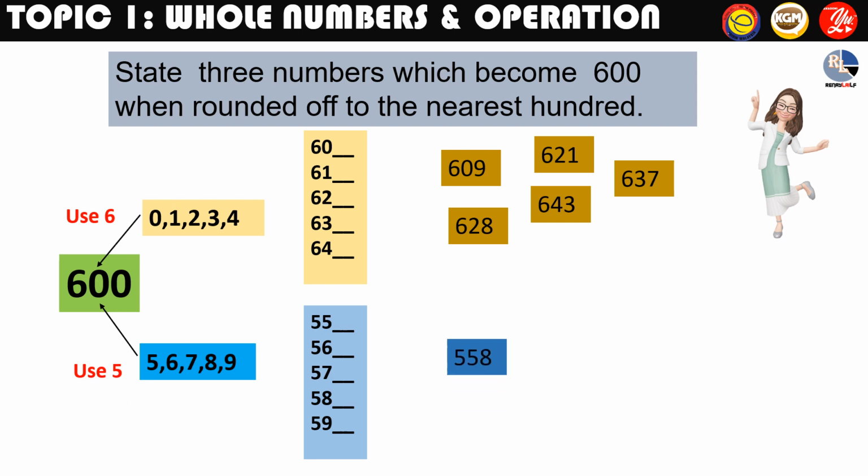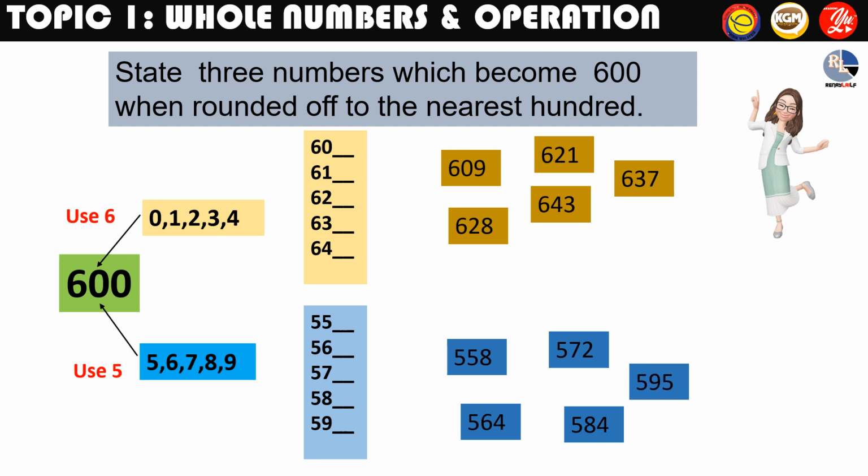Alright, at random, I have chosen 558, 572, 564, 584, 589. There are many numbers to choose. So the question is to state 3 numbers.